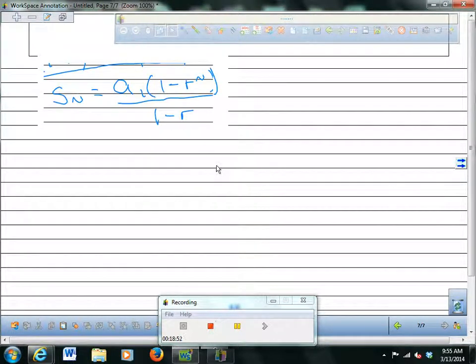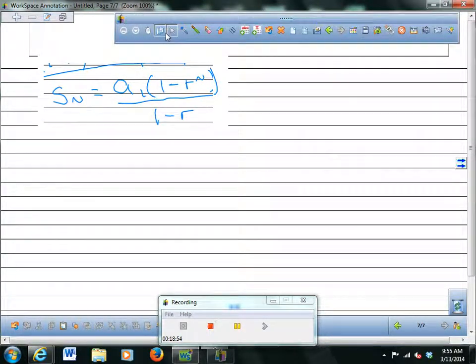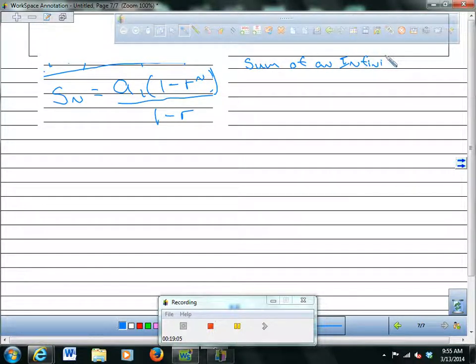Okay. So the other formula is for the sum of an infinite geometric sequence, which is kind of cool.